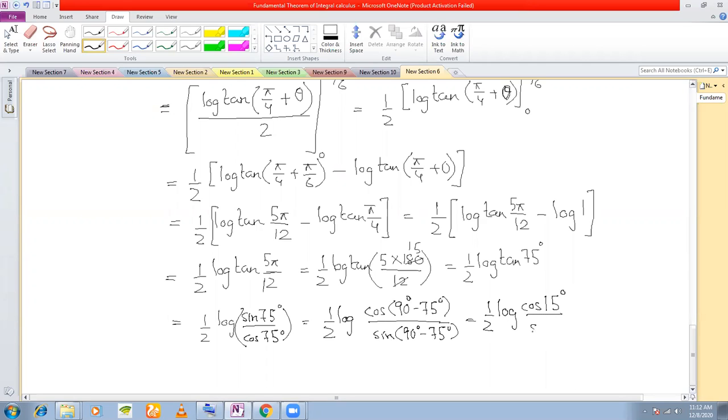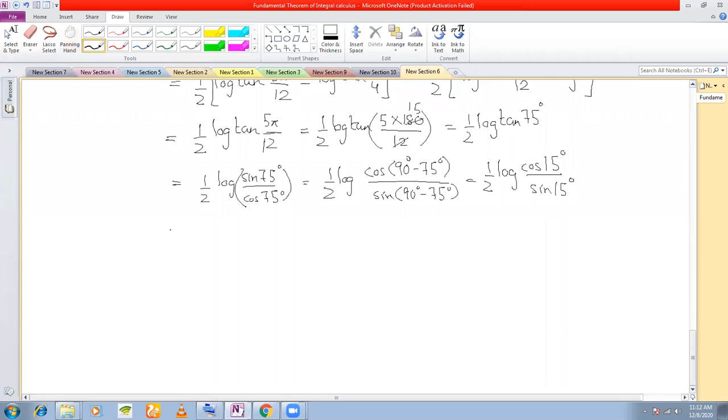You are getting cos 15 by sine 15. If you put the values for sine 15 and cos 15, ultimately you are going to get log of 2 plus root 3. You know how to find the value of sine 15 and cos 15.